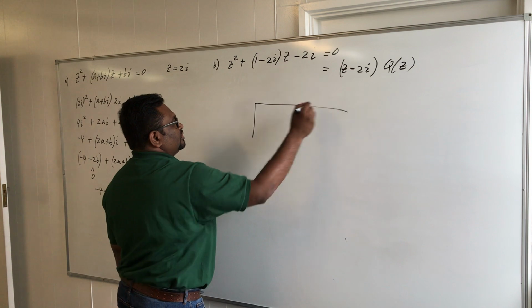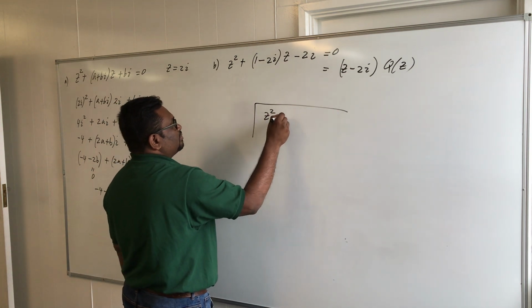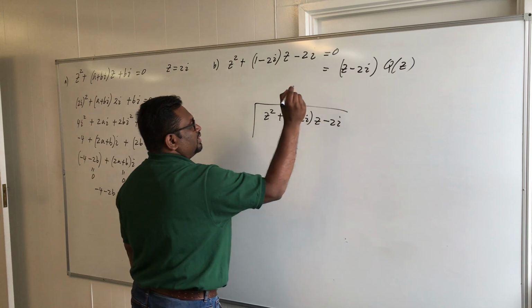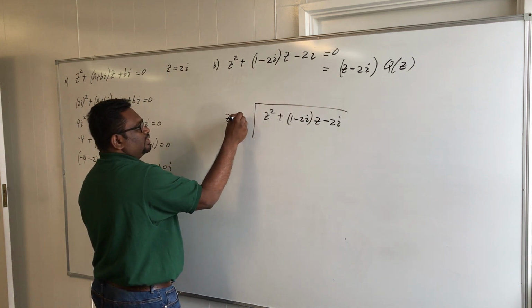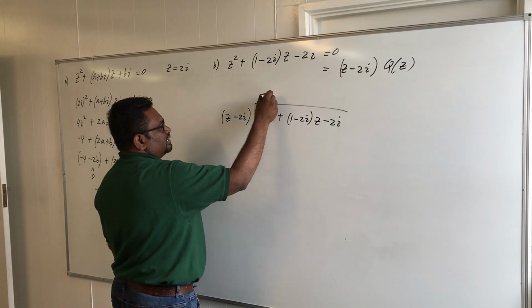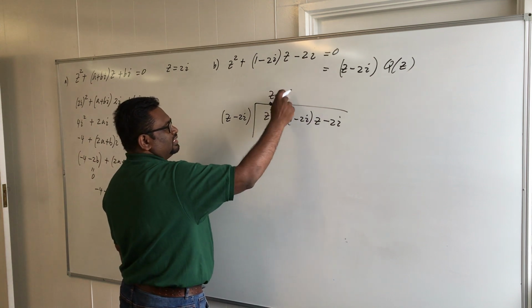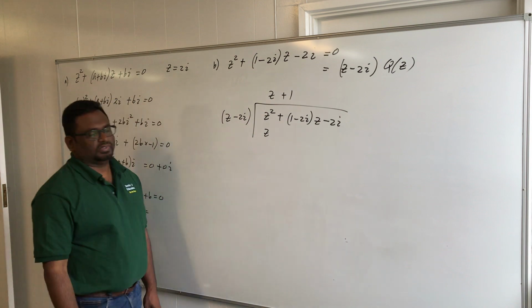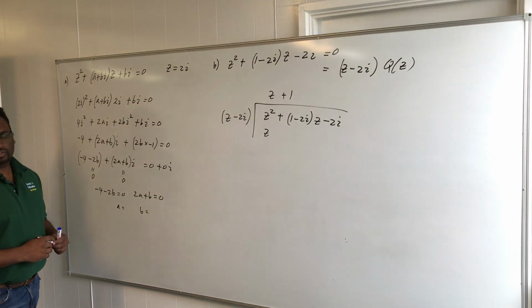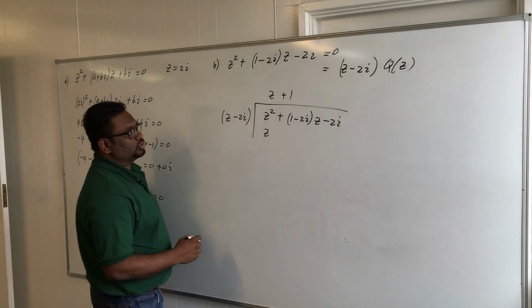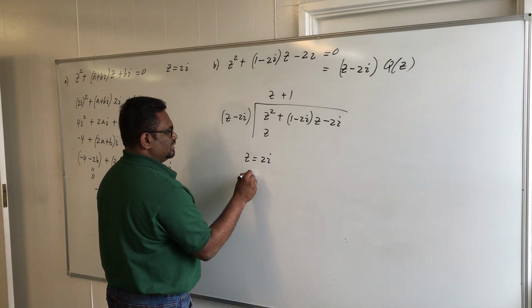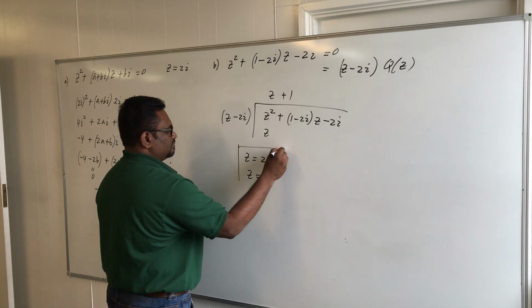If you do the long division, z squared plus 1 minus 2yz minus 2y, divide by z minus 2y. So you should get z here. Whatever, you tell me the answer here, I'm not going to do it. Z plus 1. Right? So what are the solutions now? So z is equal to 2y and z is equal to minus 1. They are the solutions.